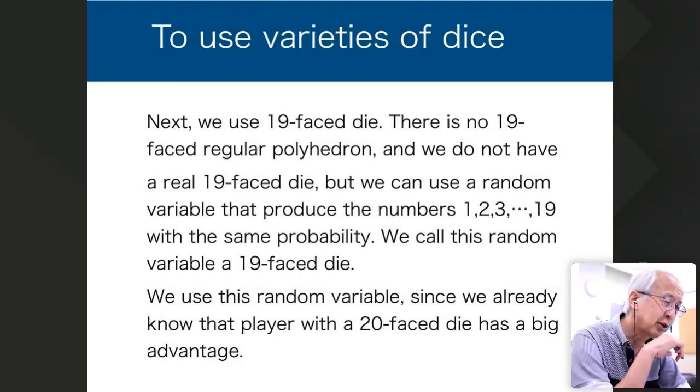Of course, you cannot make this kind of die in the real world, but in mathematics, you can define a random variable whose value is 1 to 19, and the probability is the same for each value.